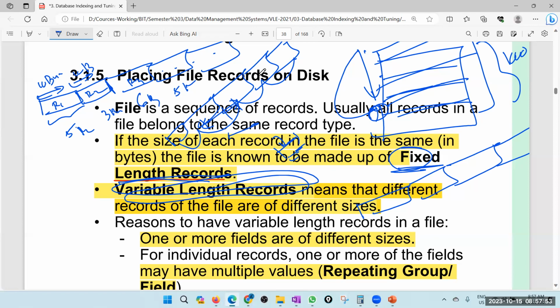Variable length is less efficient because we have to go by record. Okay. So therefore, it's a decision we have to take whether to go for fixed length or variable length. It's a decision based on whether we think about the storage or the efficiency of searching in the memory.